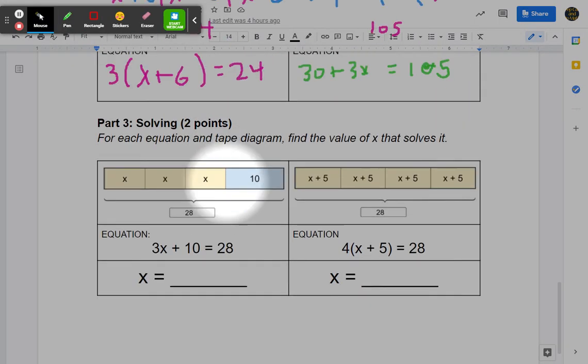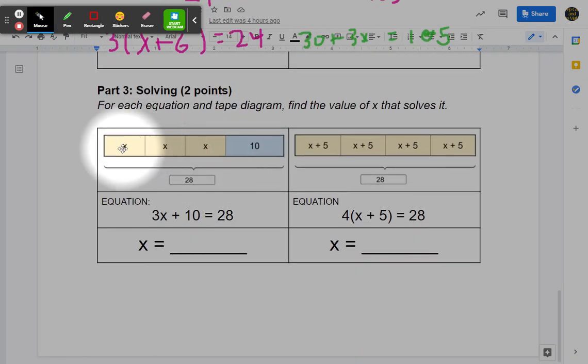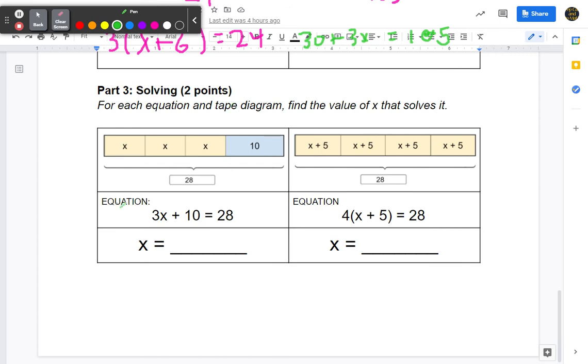Last problem, we have to solve. We need to figure out what x can be so that x and x and x and 10 makes 28, or 3 x's plus 10 equals 28. One thing we learned in class was that when we have problems like this, we can take away the 10. If I take away the 10 from 28, I'm left with 18.